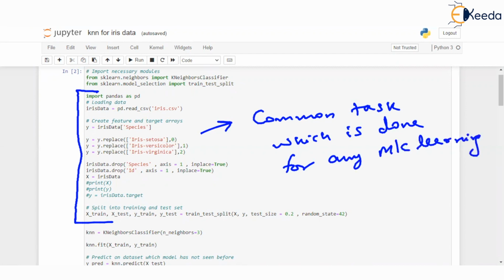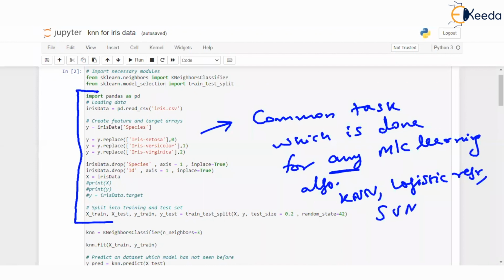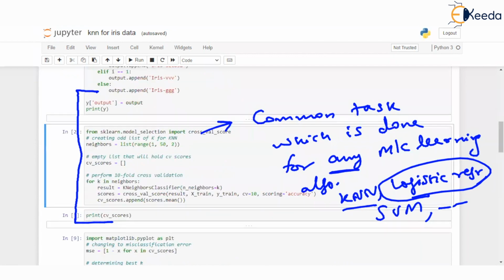Just check my words, any machine learning algorithm, whether it is KNN or later whether it is logistic regression, or it is SVM or any such thing. This will be common. You can simply copy paste this. If you are changing this code from KNN to logistic regression, then this part up to this will remain common. But what will change?